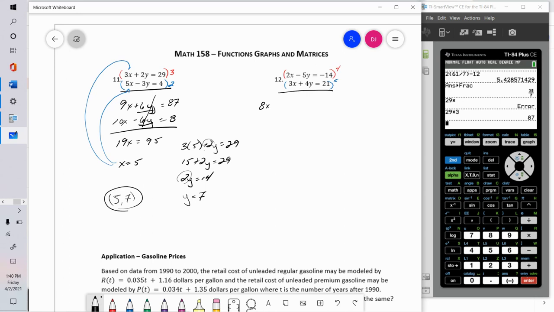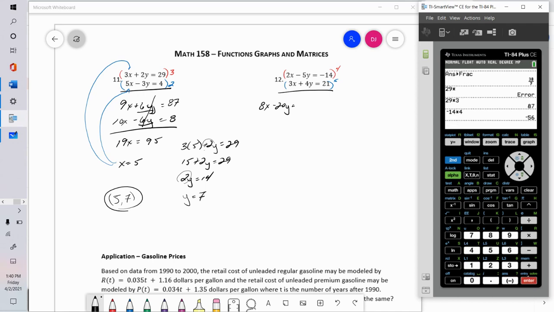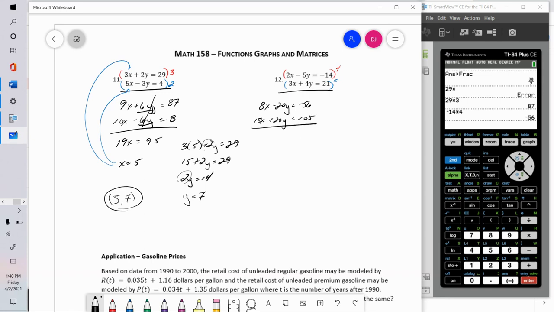So I have 8x minus 20y equals negative 14 times 4, which should give us a 56, so it's negative 56. Times 5, so that's 15x plus 20y equals 105.